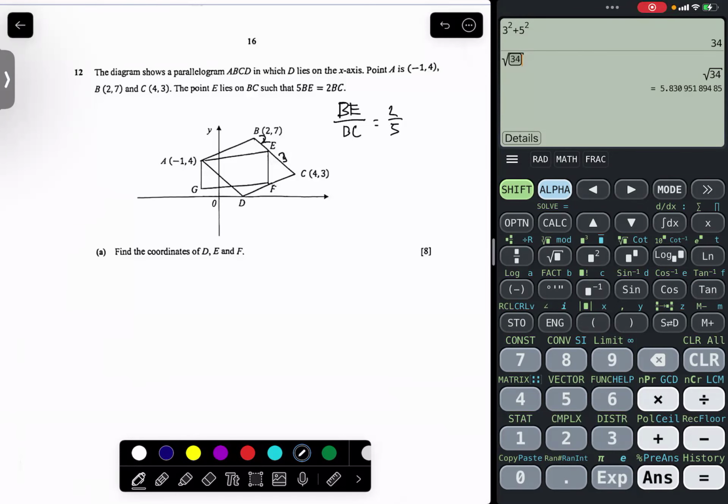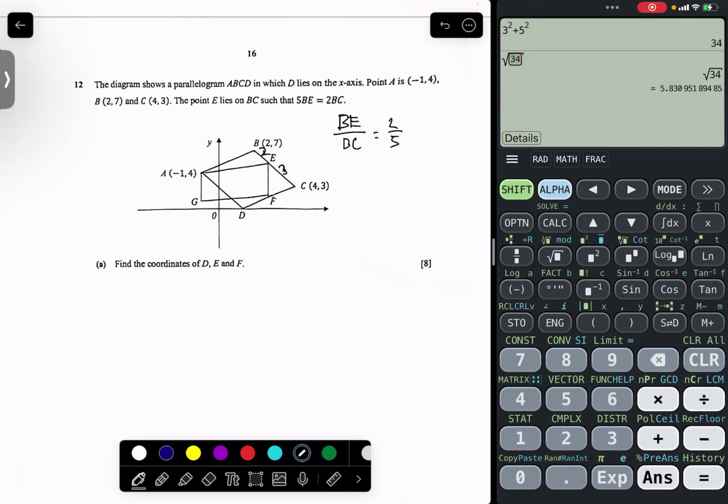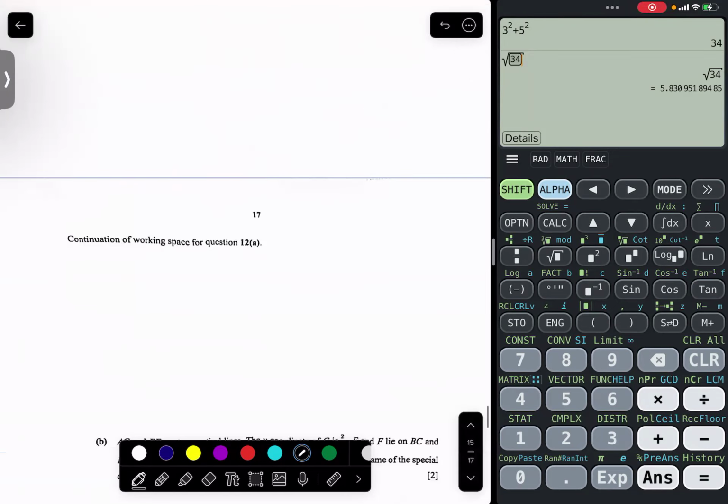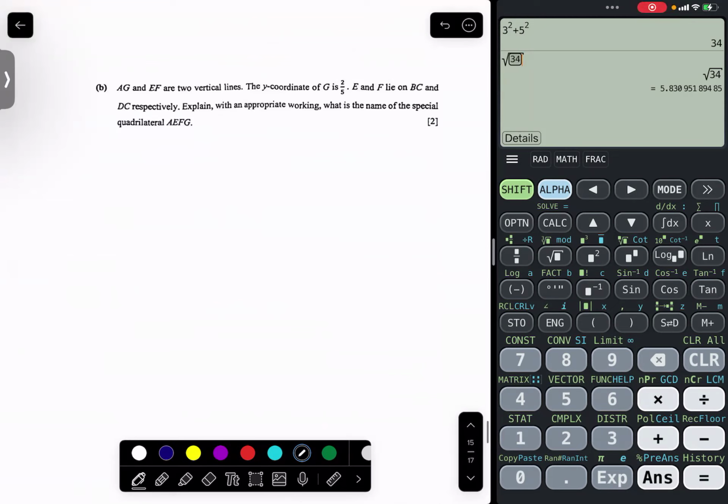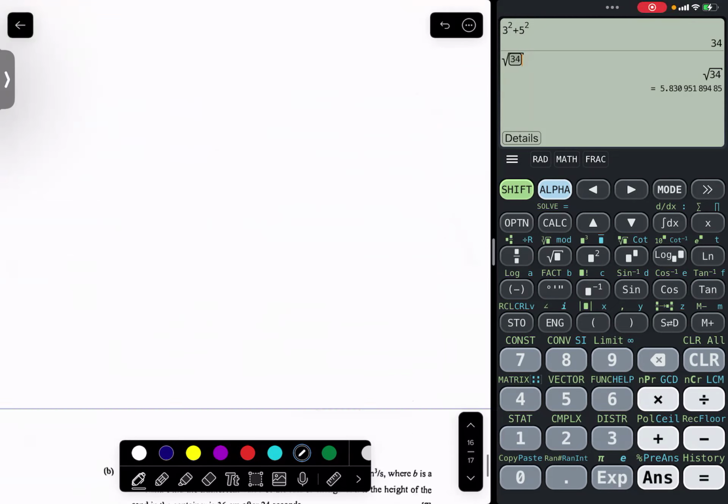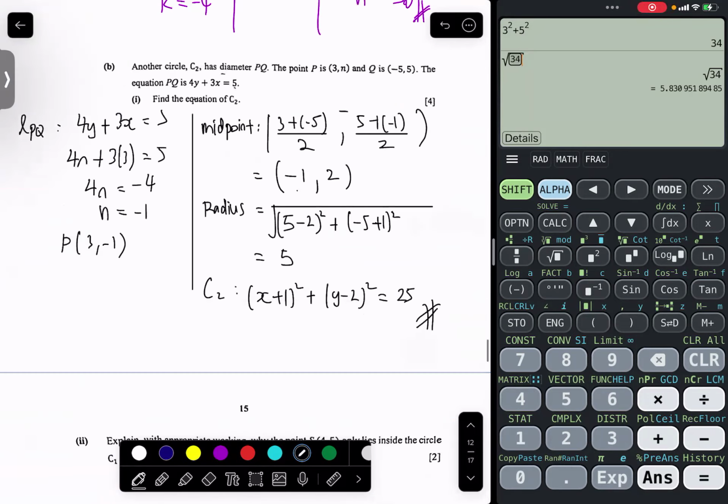Okay, not much information. Firstly, I think I can find the coordinates of D first. Let me just go through. Oh, two more questions.